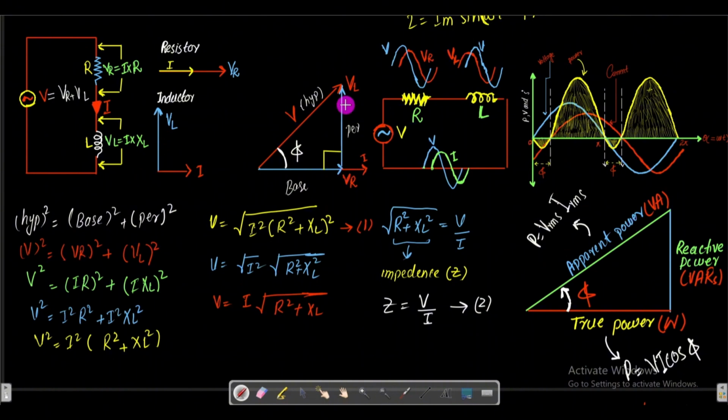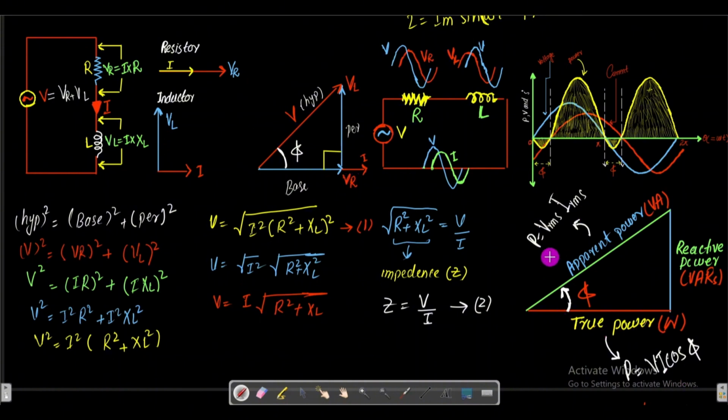On this side we have the VL, the voltage of the inductor, and here we have the reactive power, I will give an example for that. And on this side we have V of R, and here we have the true power.